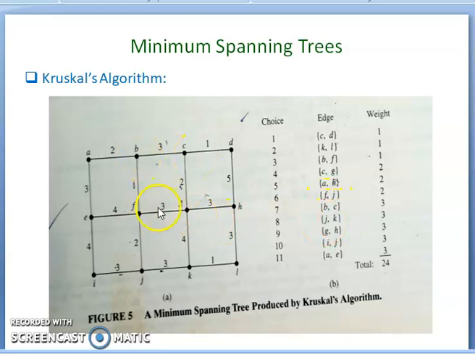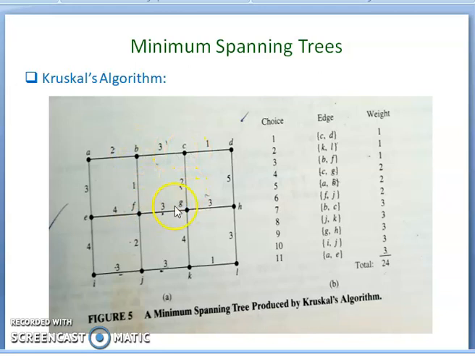Because there is no circuit, and GH is there, there is no circuit. Don't consider this FG. If you consider this FG, it forms a circuit because you already chose CD and CG, CG, BF, BC.